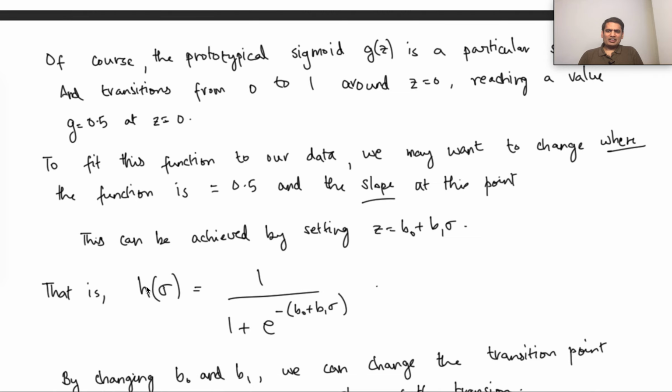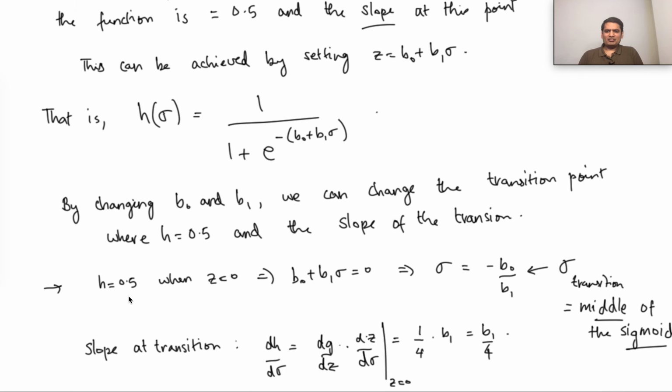So if we equate h to a half, what is that value of sigma? If you set h equals 0.5, basically z equals 0, where z is this whole thing. You set b naught plus b1 sigma equal to 0, so that you get e power 0 here and 1 over 2, which is a half.